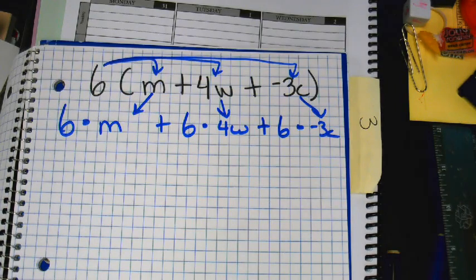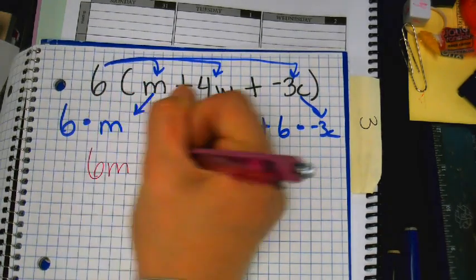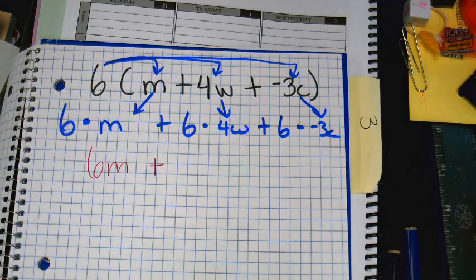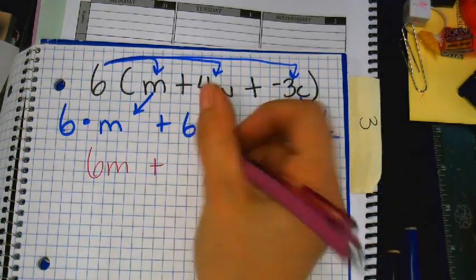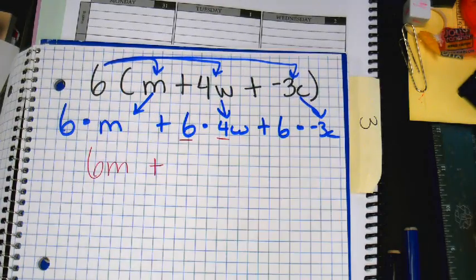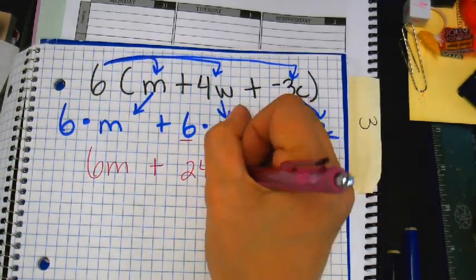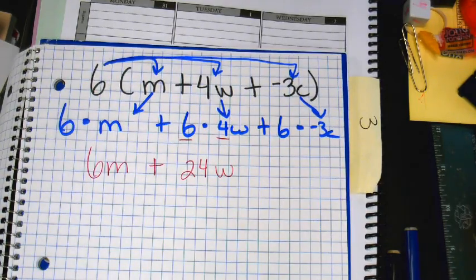What's 6 times M? Plus, what's 6 times 4W? So you multiply the big numbers. 6 times 4, 24. What do I do with the letter? Just bring it down. Times negative 3, negative 18C.